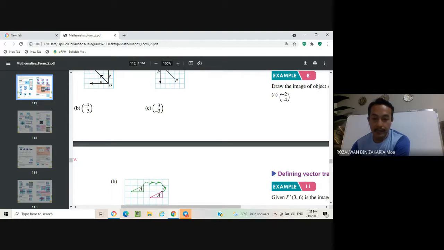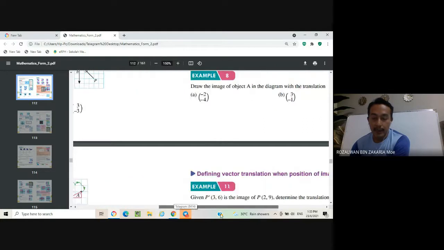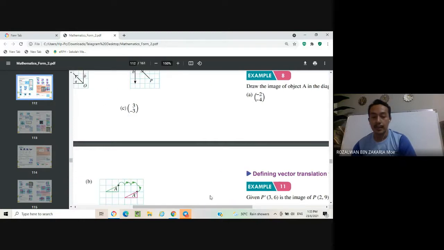Then look at the movement on the y-axis, -1. -1 means it moves 1 unit downward.